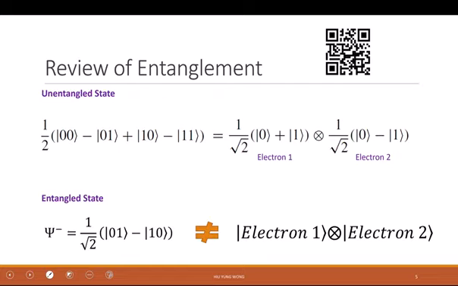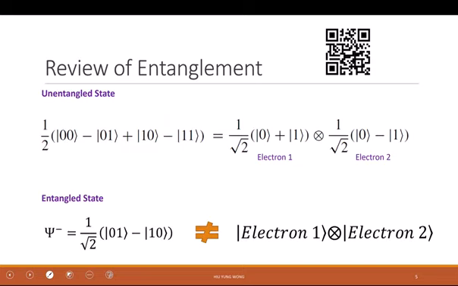We say that, for example, here, can anyone explain to me what is this? This is how many qubits? 2 qubits, right? Because we see that it is written in this way, and it has 4 basis states. In this particular case, I have one state, which is a linear combination of these 4 basis states.